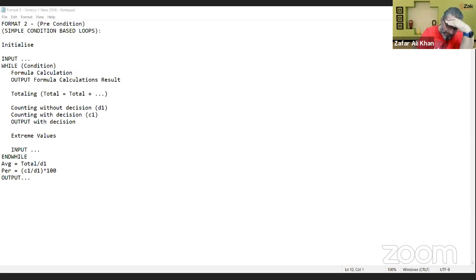And the third one: input is made before while, input is made before and while, and both inputs are the same. There is no difference. And then sometimes we might need to count ourselves because the count is not given in the question. So let's start.